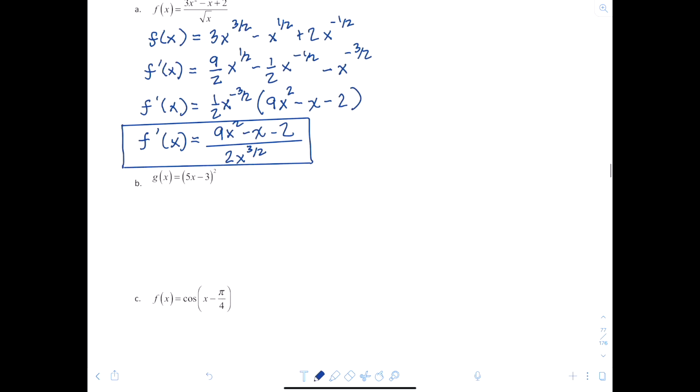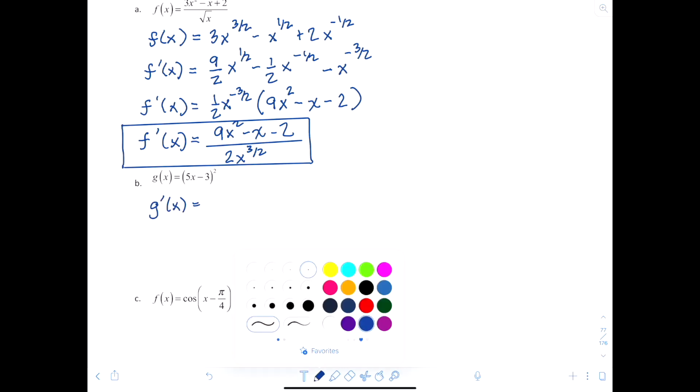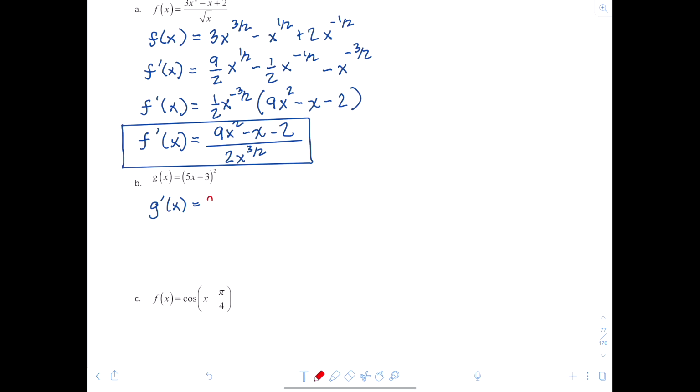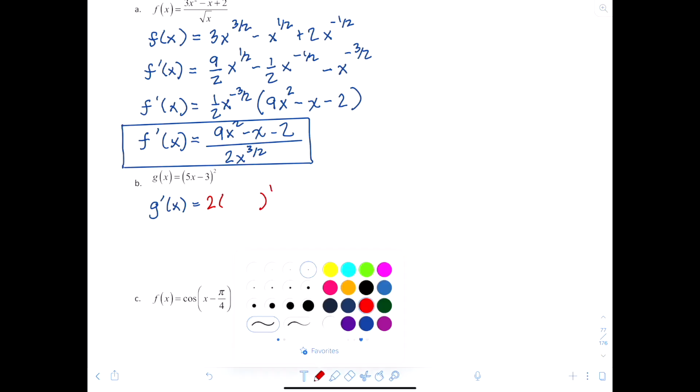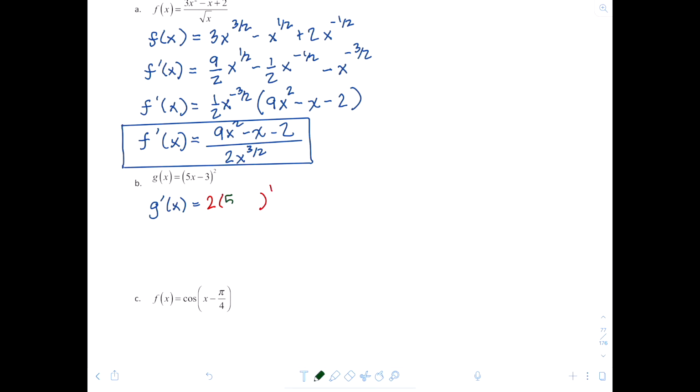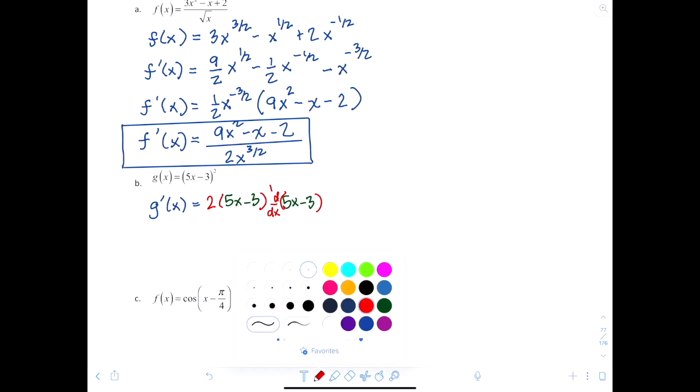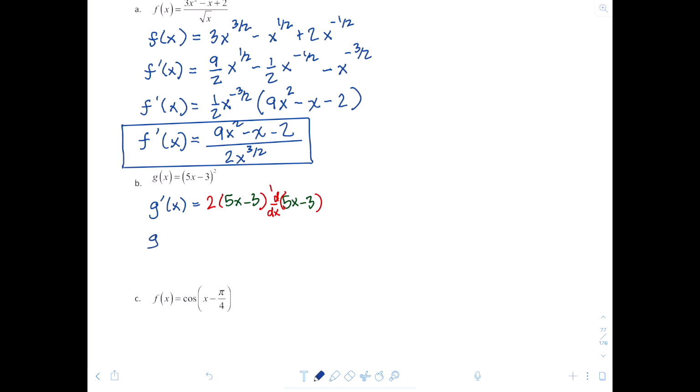All right, so next up, you can either expand this one out. I'm going to go ahead and use the chain rule. So g prime at x will be, so the most outside deal going on is something being raised to the 2 power. So you'd get 2 times your something to the 1 power. Your something is 5x minus 3, and you're going to have to differentiate that 5x minus 3 with respect to x, just in case you're a little bit rusty on the chain rule.